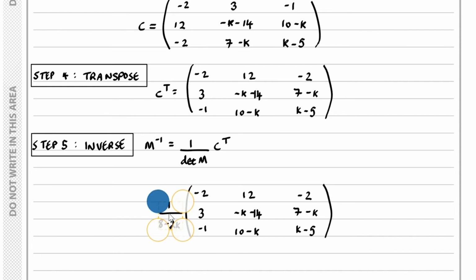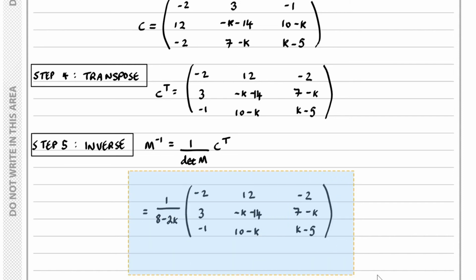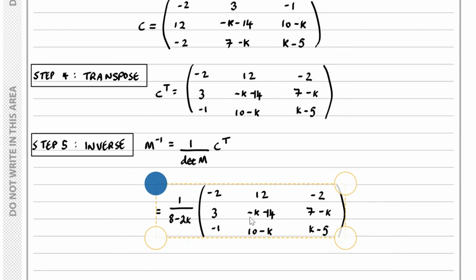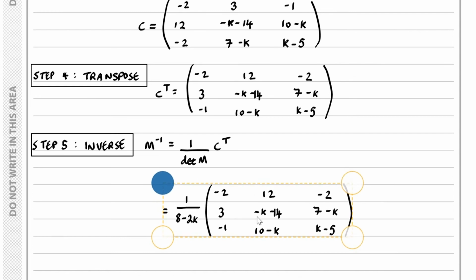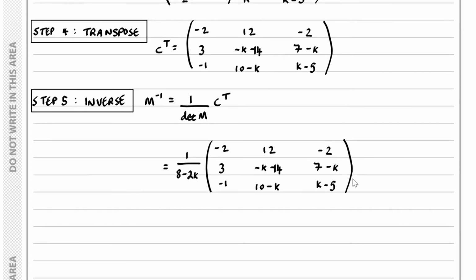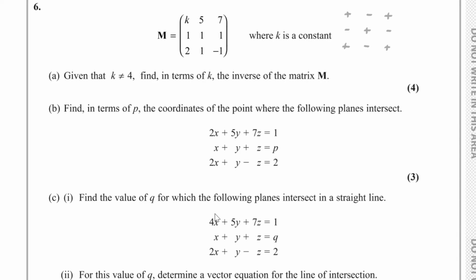So this is how we find the inverse of a 3 by 3. And you can see it's quite a lengthy process, but I thought I'll show all the steps to make it clearer. So this is the inverse of the 3 by 3 matrix in terms of k.